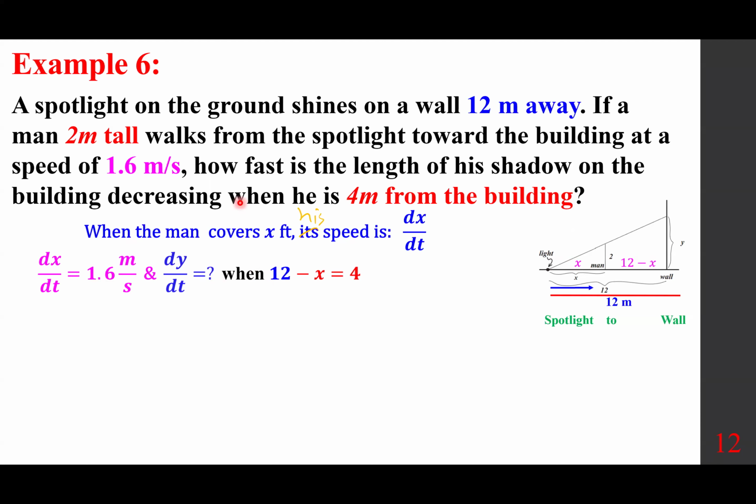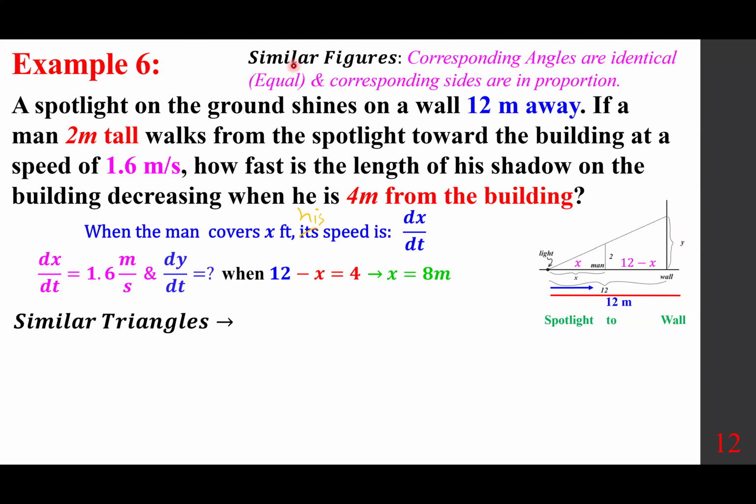Okay, that's important to pay attention to the readings. So I hope you recognize the small triangle and the large one. They are similar triangles. So what are similar figures? Reminding everybody about similar figures: corresponding angles are identical.